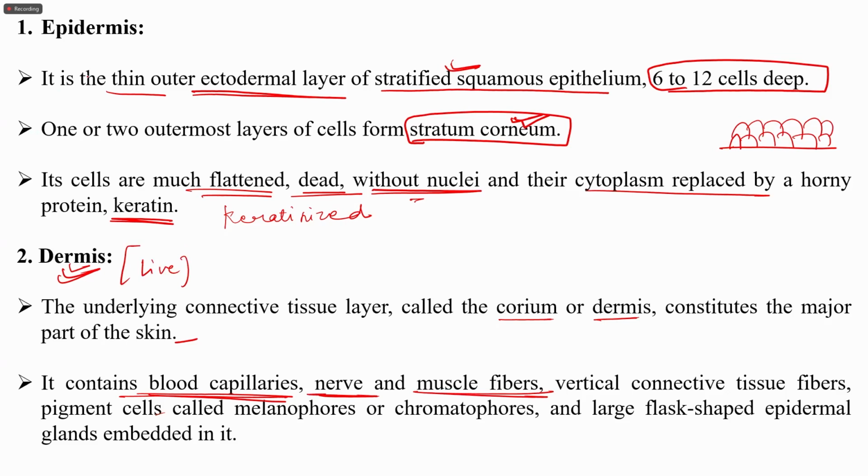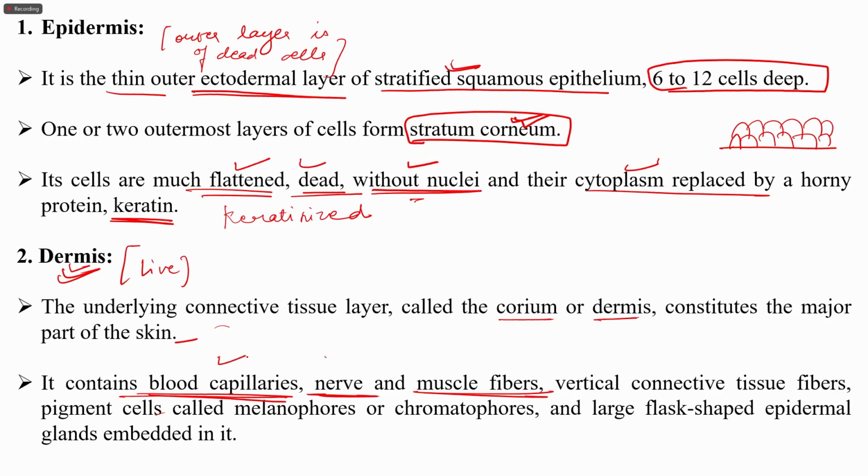We know that the outer layer is dead. Why are we saying it is dead cells? Because the cells are much flattened, dead, without any nuclei, and their cytoplasm is replaced by the protein keratin. While in the dermis, the cells are live.